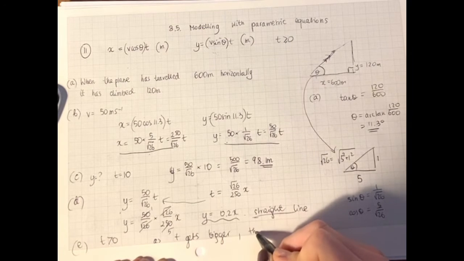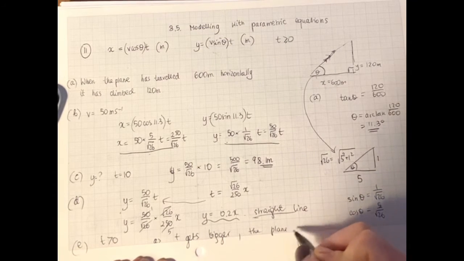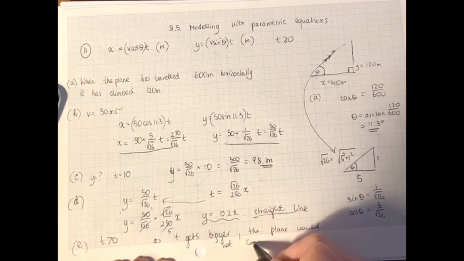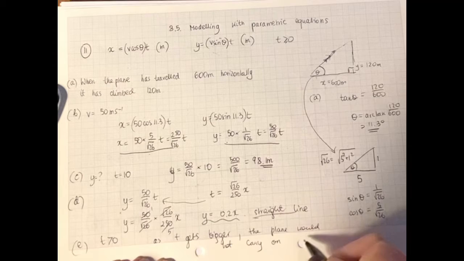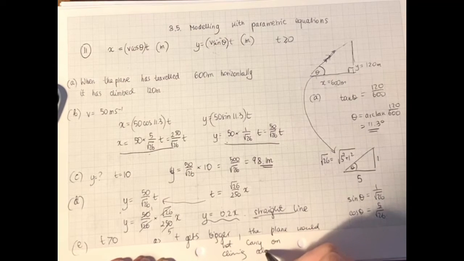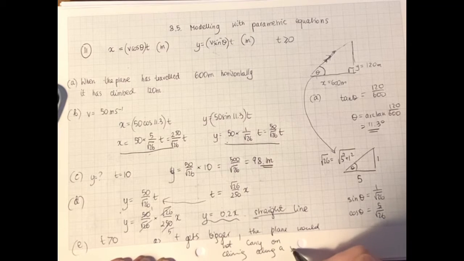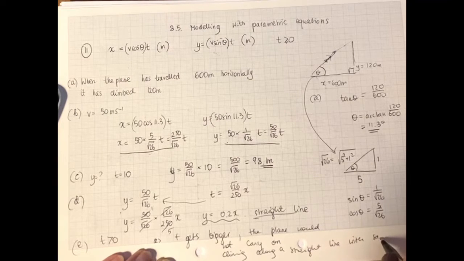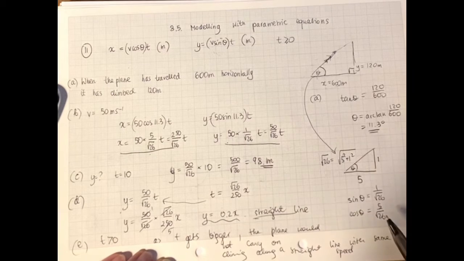So the plane would not carry on climbing along a straight line with the same speed of 50 meters per second, and maintaining the same angle of elevation.